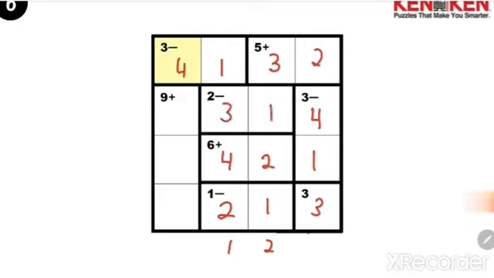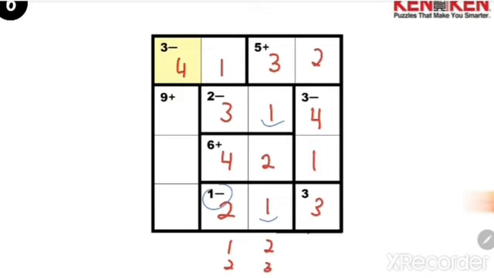3 and 1. Can I do that? 3 and 1. Okay, but then mauulit yung 1 here. 1 minus can also be 2 and 3, diba?